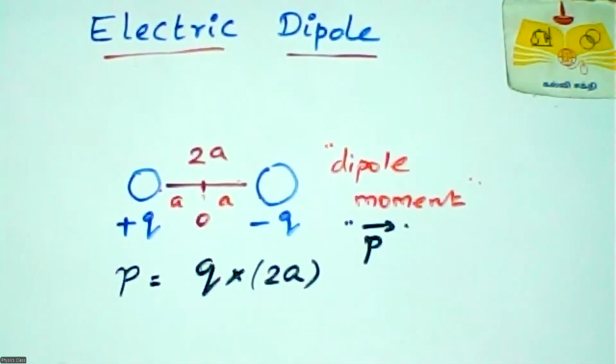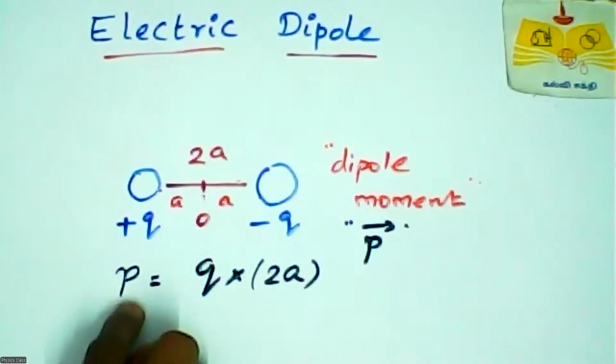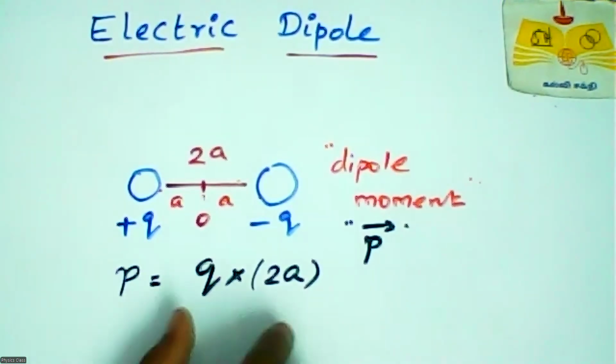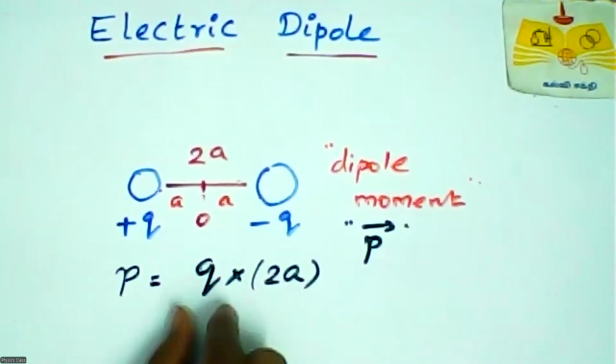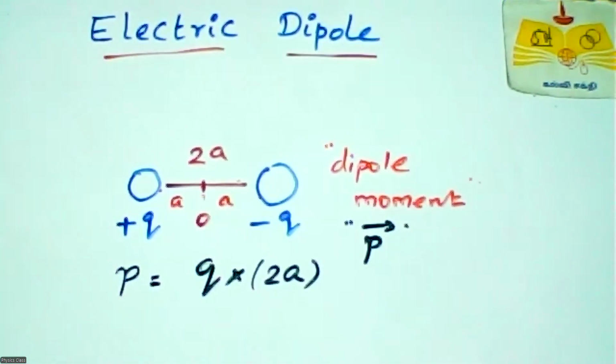Dipole moment is a vector quantity and its magnitude is given by the product of the magnitude of one of the charges and the distance between them. So that's why p is equal to q into 2a.